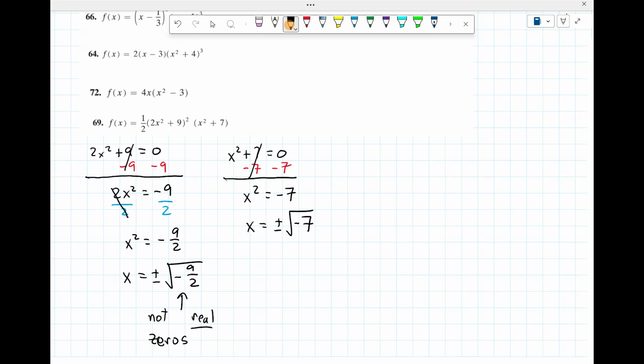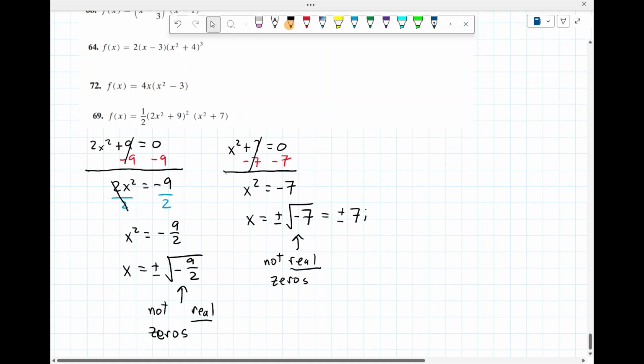Again, we end up finding two zeros, but we're taking the square root of a negative number. There are no real numbers that are equal to the square root of a negative number. These are not real zeros. We did find two complex zeros, the positive square root of negative 7 and the negative square root of negative 7, which we'd probably call plus or minus square root of 7 times i, but these are not real numbers.